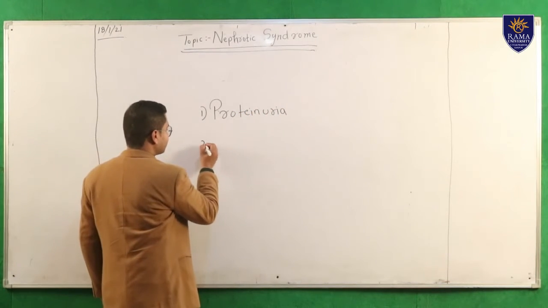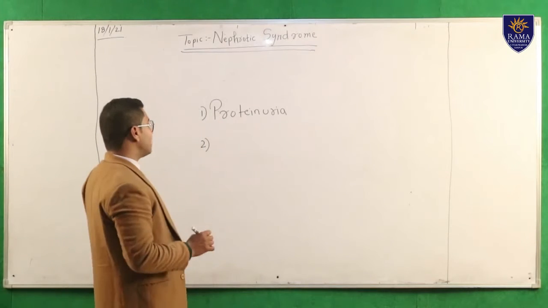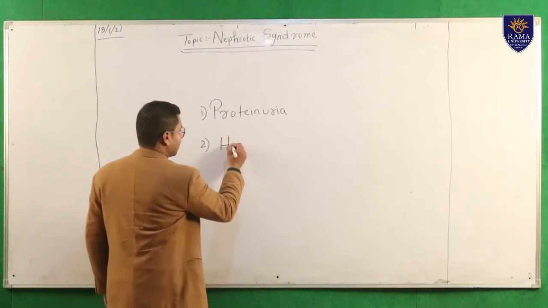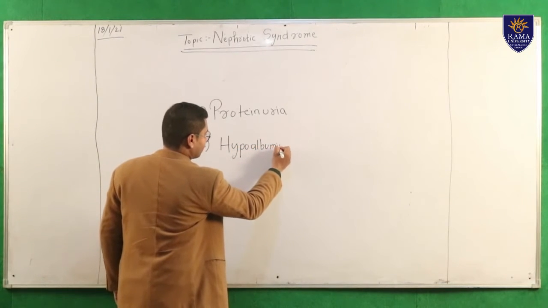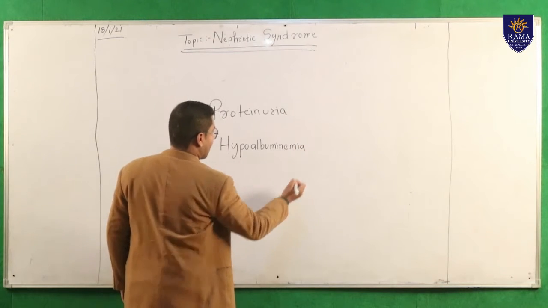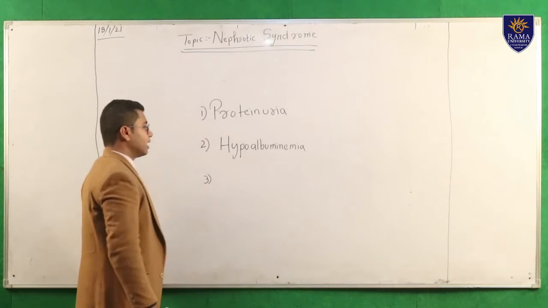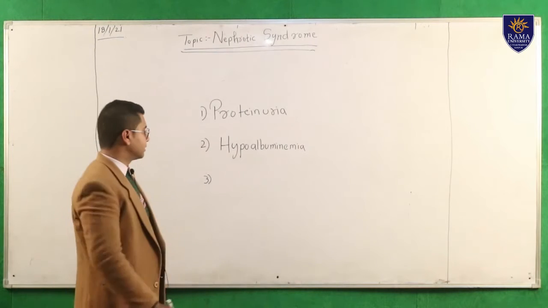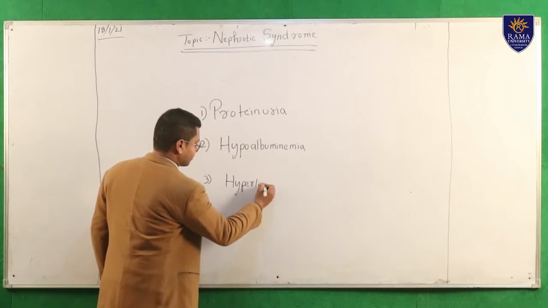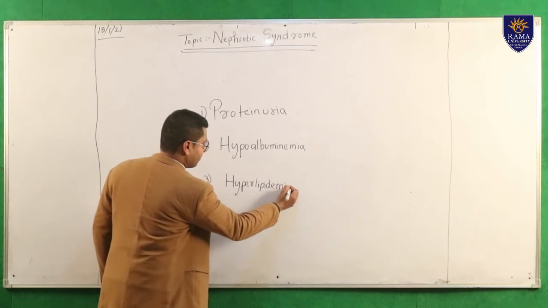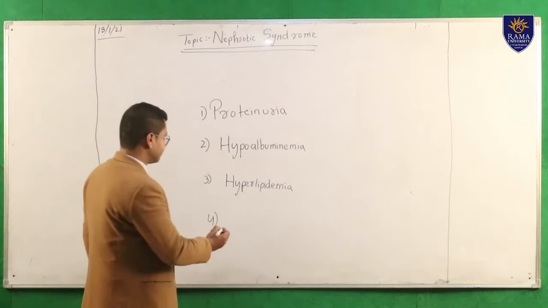Next one is low blood albumin levels, which is hypoalbuminemia. Then there is a high level of blood lipids, that is hyperlipidemia. Then there is edema.